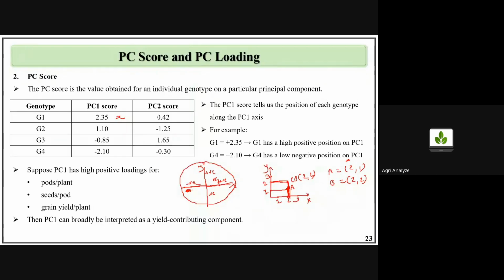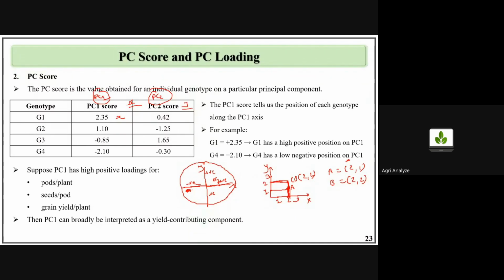So PC score shows the position of genotype in our biplot analysis or in our axis graph. This is the value of the x-axis and this is the value for the y-axis. Here I mentioned x-axis and y-axis for better understanding, but in PCA we say the PC1 axis and PC2 axis.